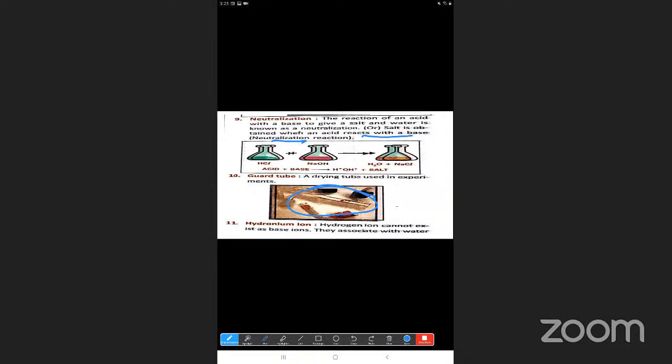And next one, hydronium ion. Hydrogen ion cannot exist as bare ions. So they associate with water molecules and exist as hydrated ions, with each H plus attached to 4 to 6 water molecules.